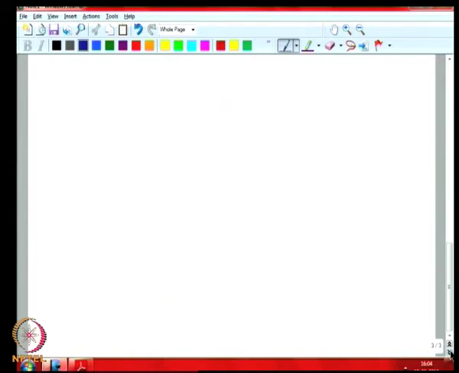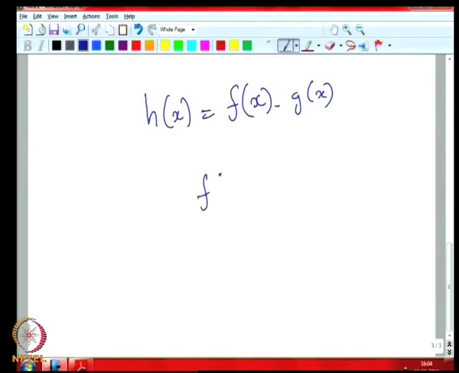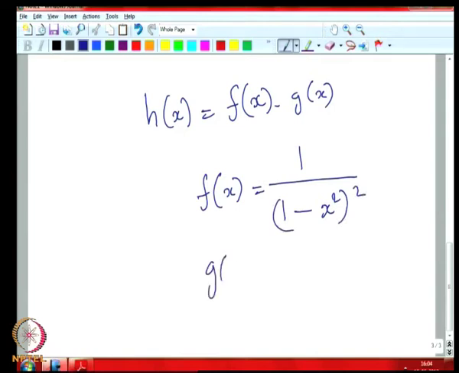We identified that this is of the form h(x) equal to f(x) into g(x), where f(x) can be written as 1 by (1 minus x squared) whole squared, and g(x) can be written as (1 minus x) whole squared.